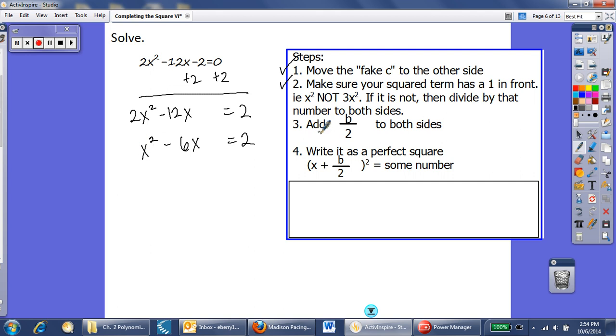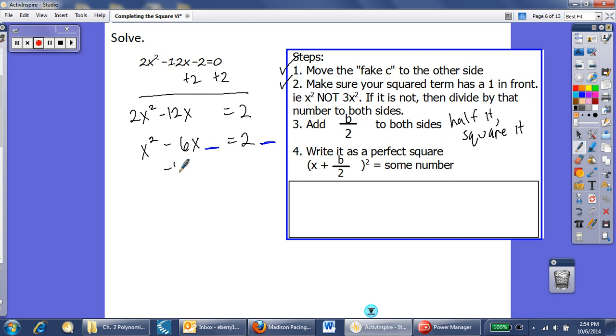Step 3 says add b over 2 squared to both sides. This is what we did on the last page when I said half it, square it. So I'm trying to figure out this spot right here. How do I complete the square? So I take the middle term, b, and divide it by 2.